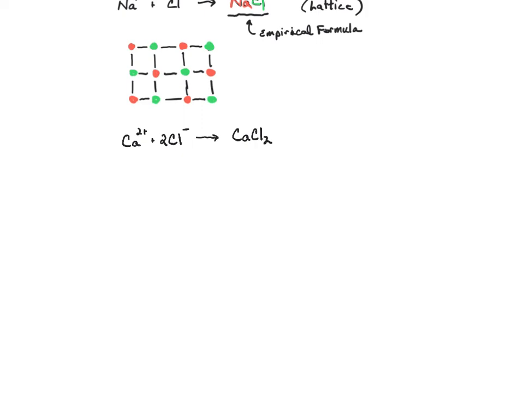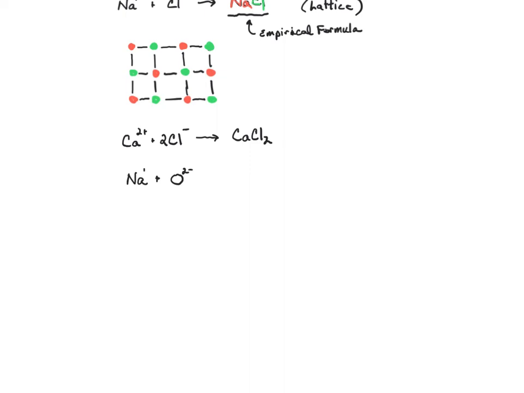Now let's try something a little bit more complicated. Let's say we have a compound that's formed between sodium and oxygen. We know that oxygen is in group 16, and everything in group 16 likes to take on that negative 2 charge. Sodium's in group 1.